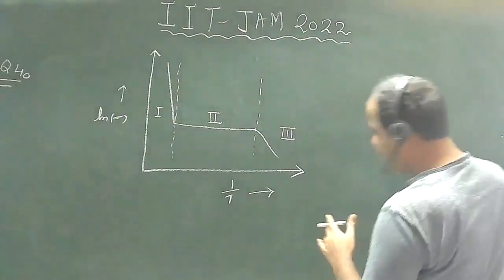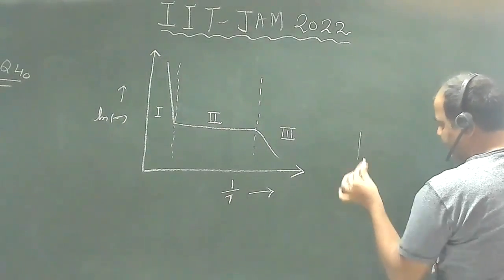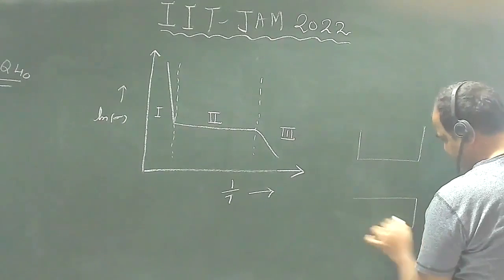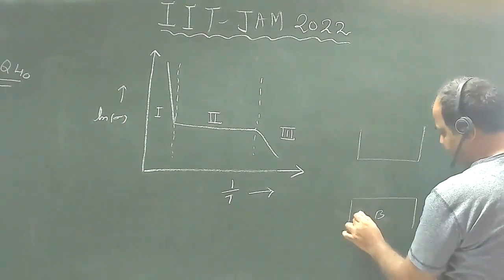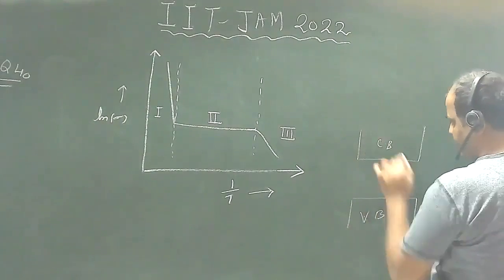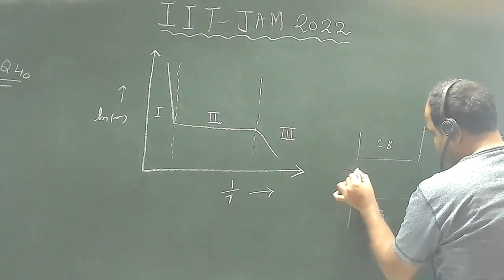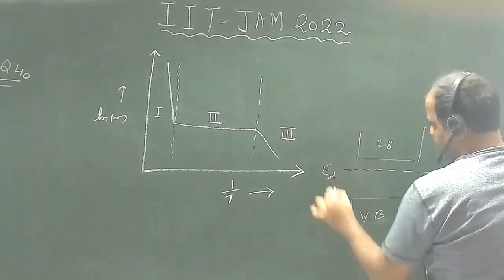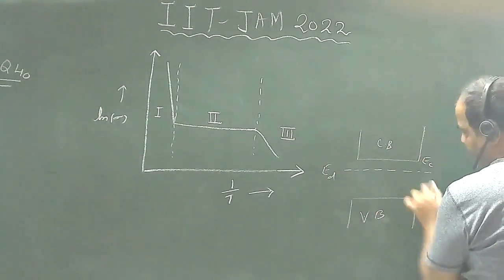So when we increase temperature, what happens? You know the band gap of an n-type semiconductor is given as, so this is the conduction band, this is the valence band. Somewhere close to the conduction band we have the donor level, and between the donor level and conduction band we have the Fermi level.